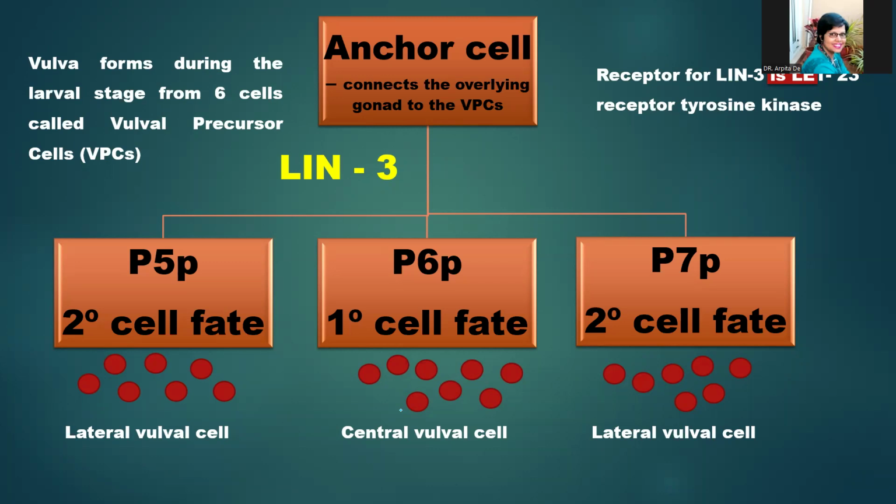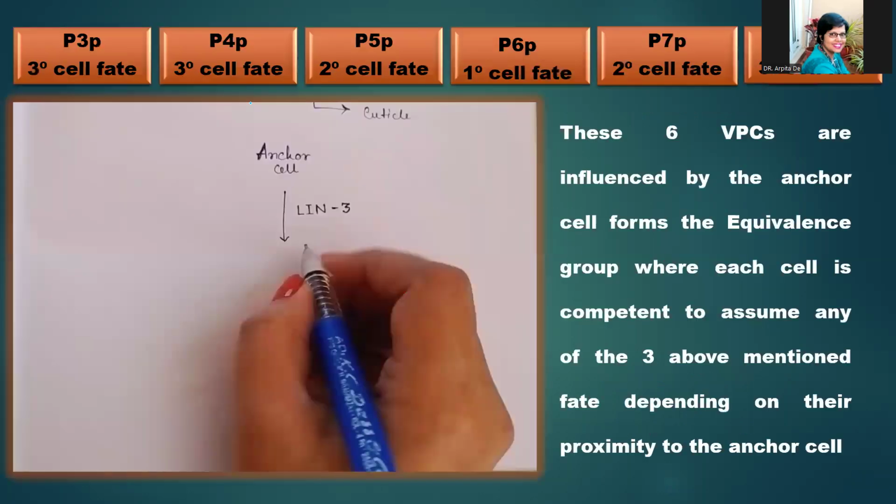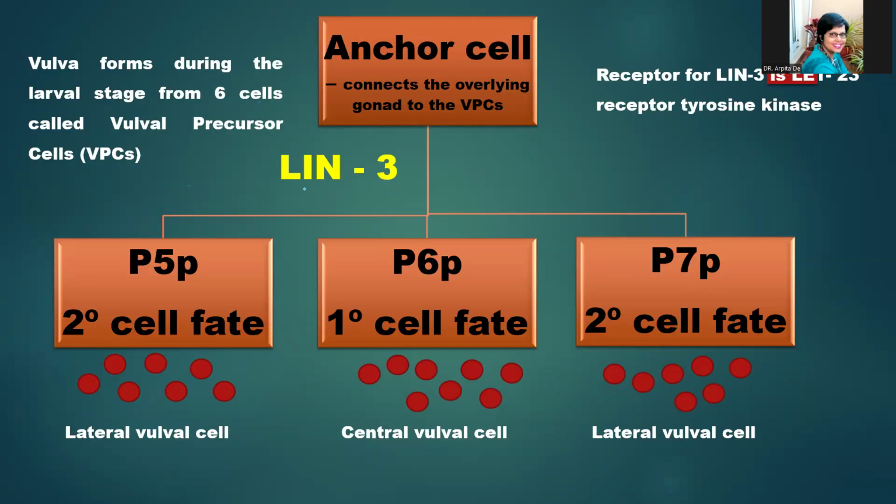Vulva forms during the larval stage from 6 cells called vulval precursor cells, and Lin-3, here see, this Lin-3, you have heard of EGFs. This Lin-3 is a homologue of EGF. The anchor cell secretes Lin-3 protein, which is encoded by the lin-3 gene. It forms a concentration gradient, and thus P6.p, being closest to it, adopts primary fate.